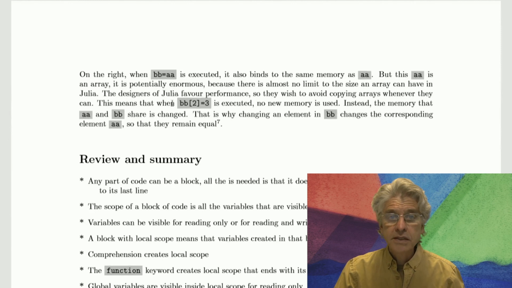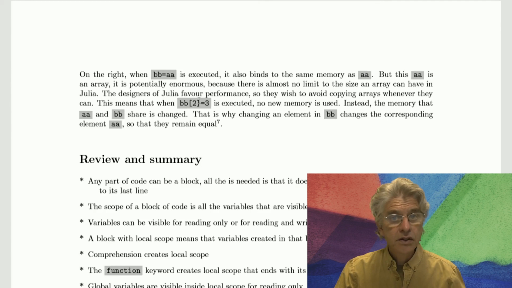And the reason is because the designers of Julia favor performance. So they wish to avoid copying arrays whenever they can. And so that means that when BB at 2 equals 3, no new memory is created. In a small array like this, of course, it won't make much difference, but arrays can be enormously large, billions of numbers.